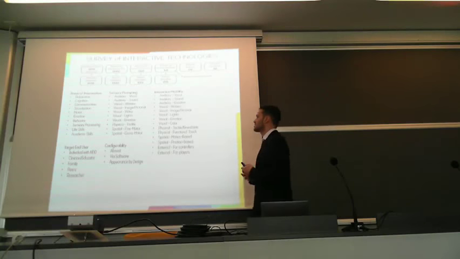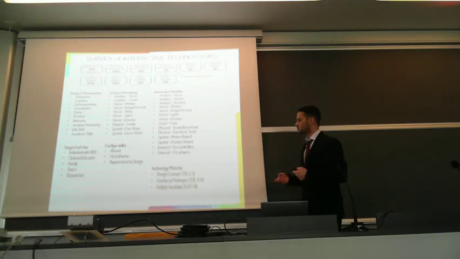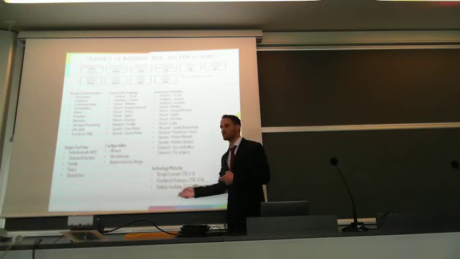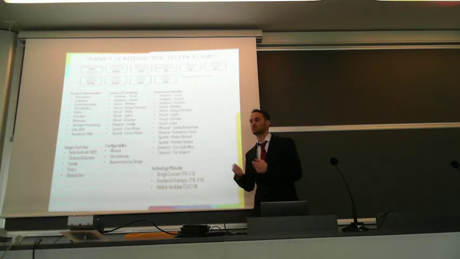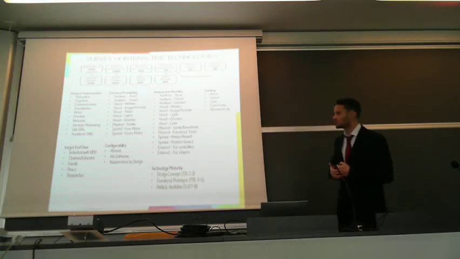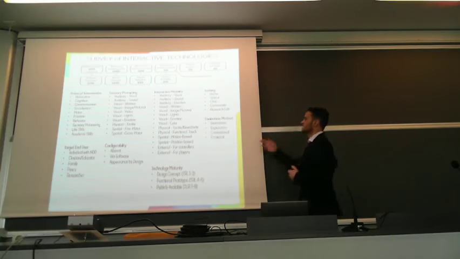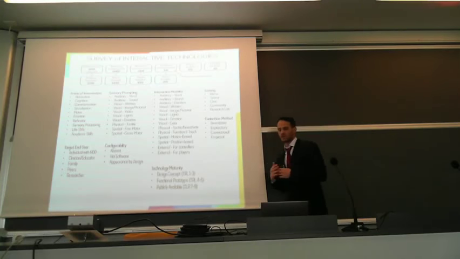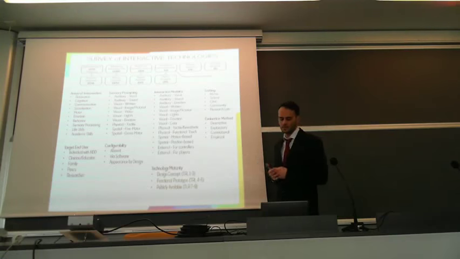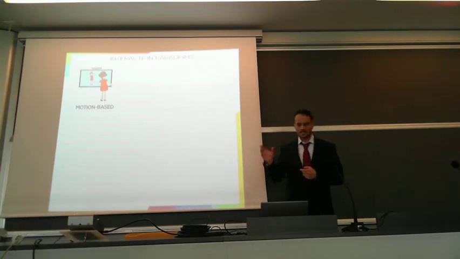Then the modality, so the way the user interacts with the technology. And then technology maturity, so if the technology is mature enough to be publicly available or just a design concept or a functional prototype. And at the end, the setting, so if the technology was aimed to be in schools, homes or clinics, and the evaluation method, so if the evaluation method of this technology was just descriptive, exploratory, up to the empirical phase.